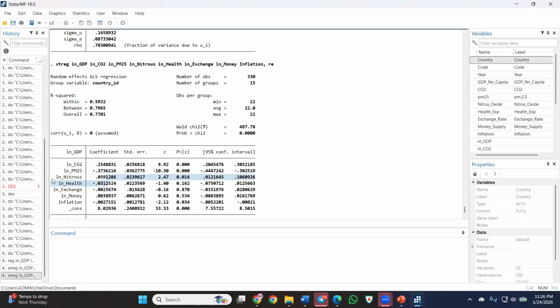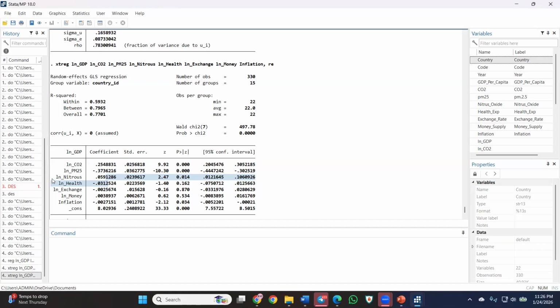If there's a unit change in health, it will cause a 3% decline in the country's GDP. Please repeat what you said.